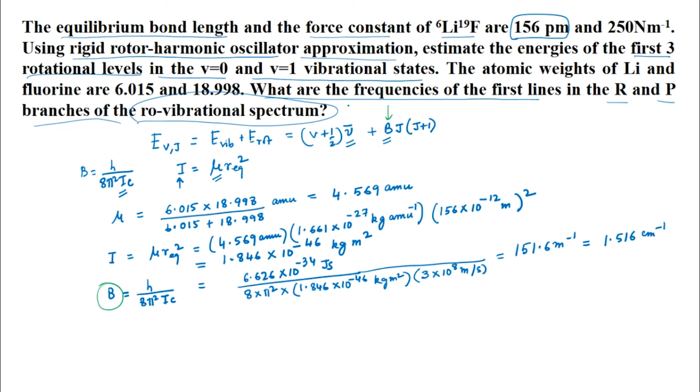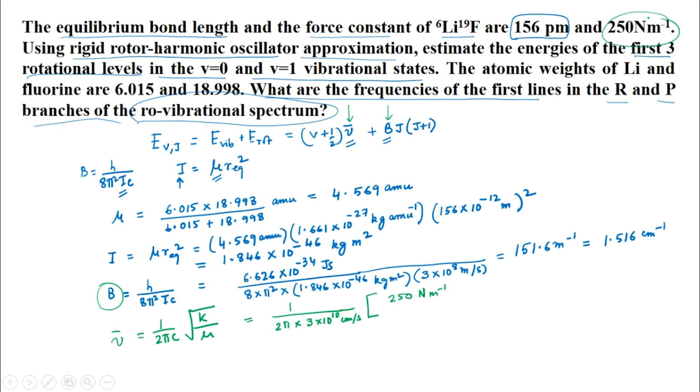So, now we need to find the value of nu bar. So, nu bar is given by 1 by 2 pi c root over k by mu. So, let us put in the values. So, 1 by 2 pi times 3 times 10 to the power 10 centimeter per second, and then we have k, that is 250 Newton meter inverse.